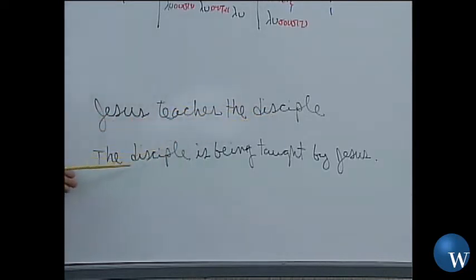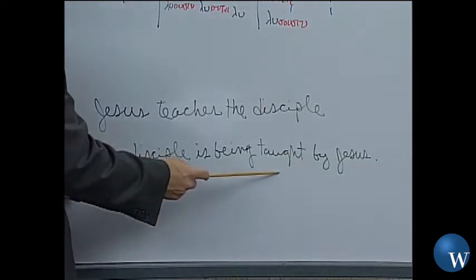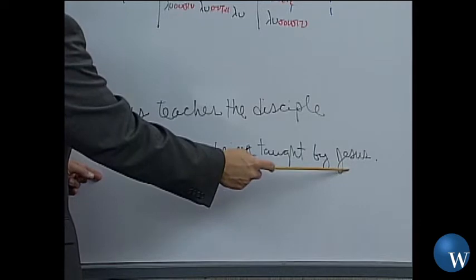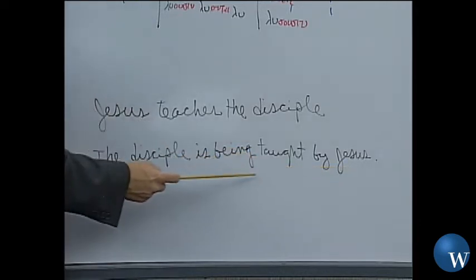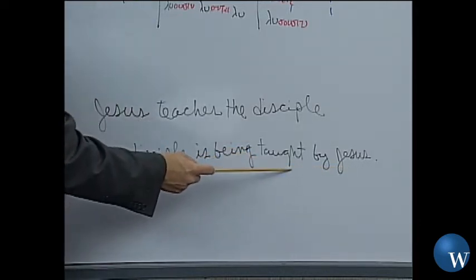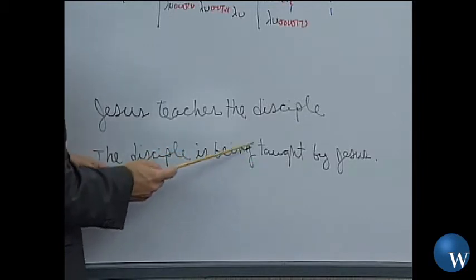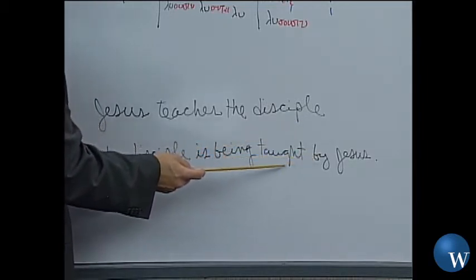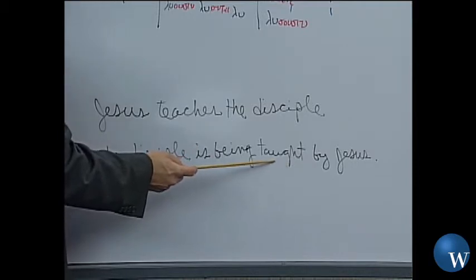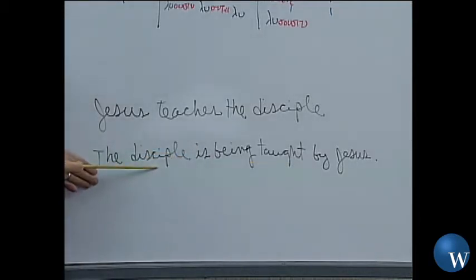In this next sentence, you have what's known as a passive sentence. Here, the disciple, which is the subject of our sentence now, is being taught by Jesus, which is the agent in this sentence. All right, so being taught is our verb, but instead of the subject of the sentence performing the action of the verb, in this sentence, the subject is receiving the action of the verb.